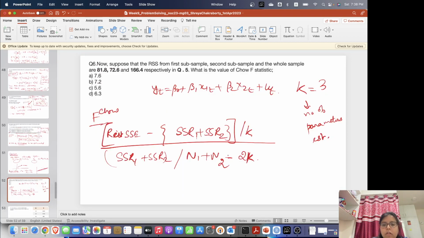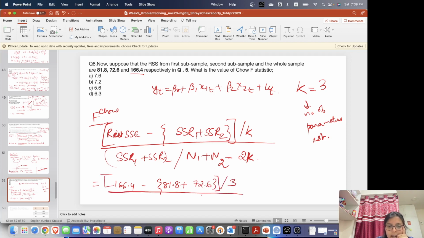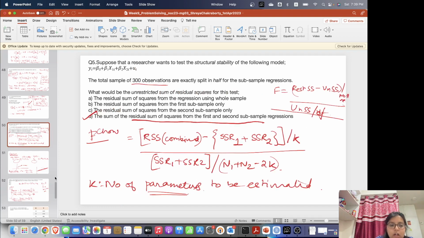So now we'll just substitute the values. So this will be the restriction. Under restriction we are fitting just 1. So this will be the value 166.4 minus 81.8 plus 72.6, everything divided by 3, by 81.8 plus 72.6 divided by, okay, N1 plus N2, how many did we have total? 300 observations.